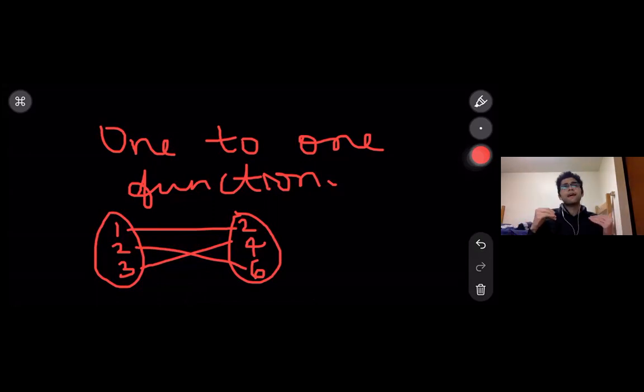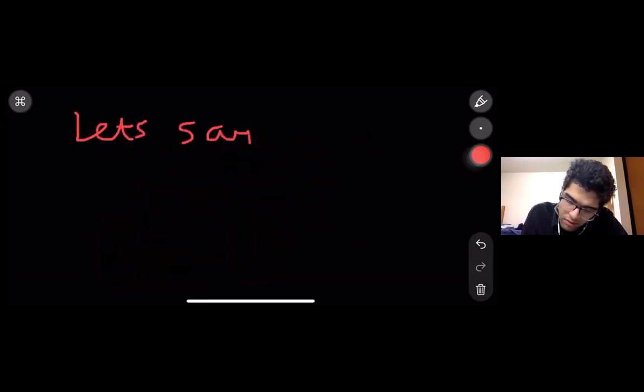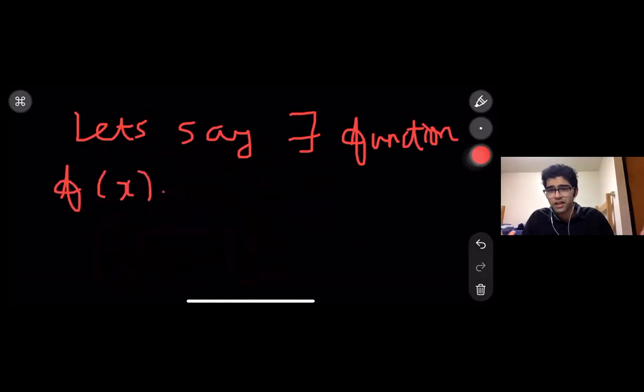And let us give a very formal definition to this one-to-one function. Now, this might be new to some of you, but I urge you to try to understand. So let's say there's a function f. There exists a function, that symbol is for there exists, f of x. Okay, so let's say there's this function f of x.